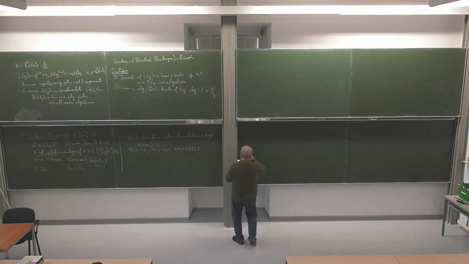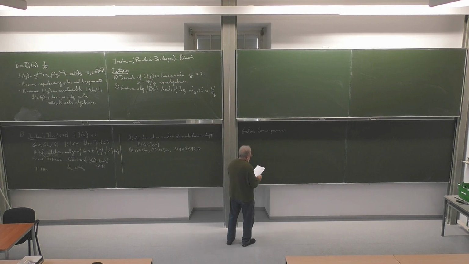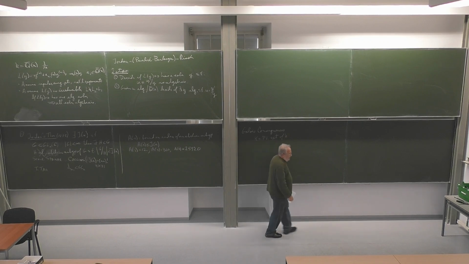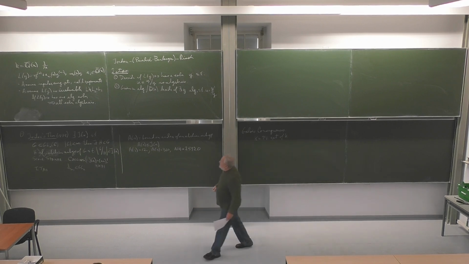Okay, so now let's see, what does this mean for Galois consequences? We're going to start with a Picard-Vessiot extension of little k. And I'm looking for algebraic solutions.